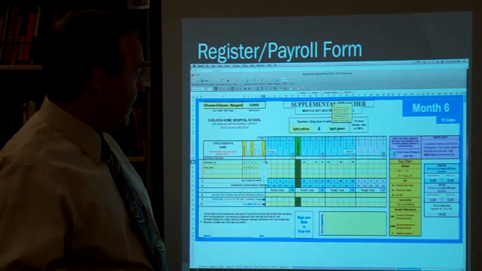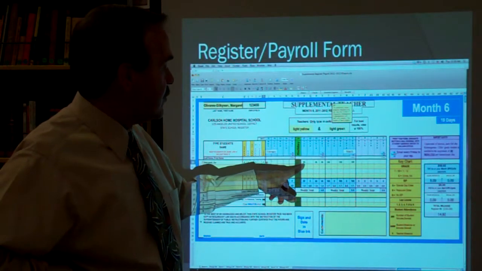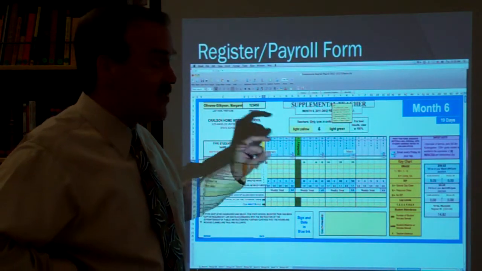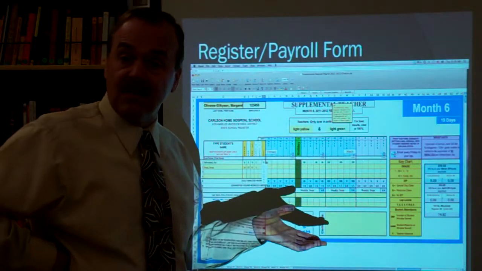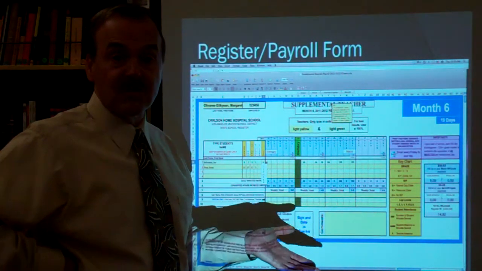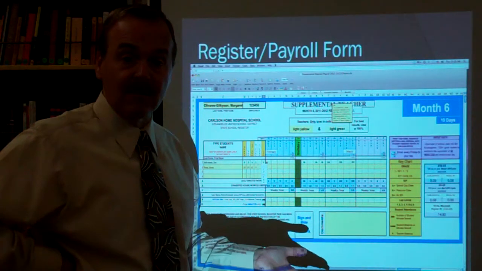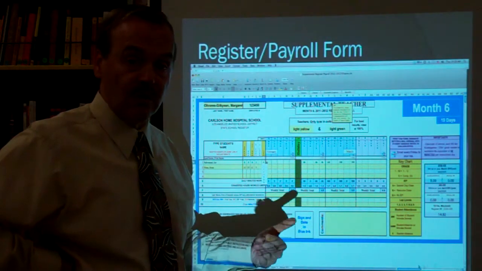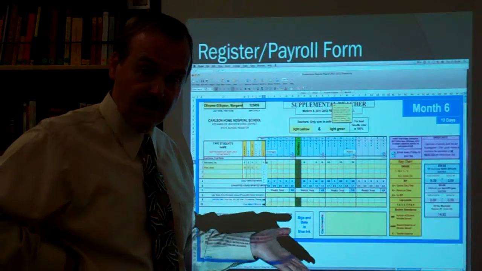Like, for example, let's say you had scheduled to work with the student 60 minutes, but after being there for 30 minutes, the student took ill, and you could not work with the student for the remainder of the 30 minutes.